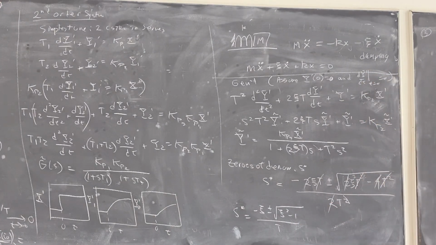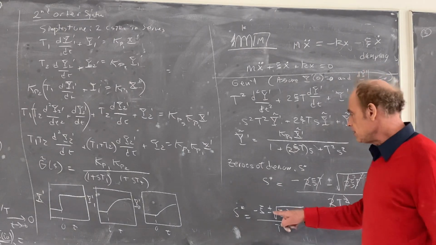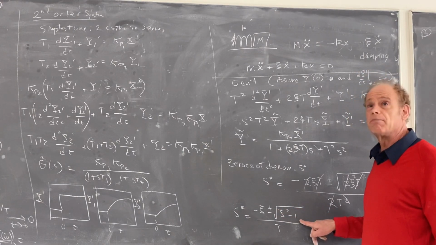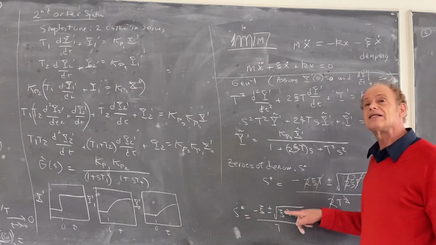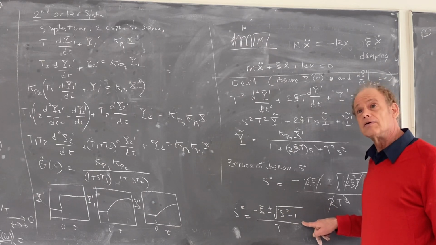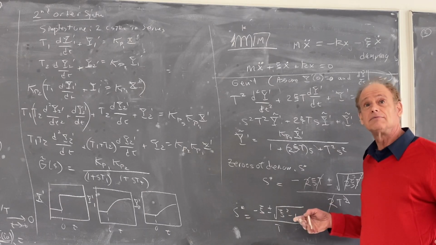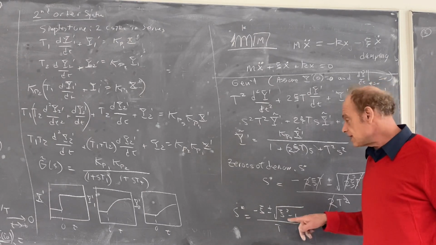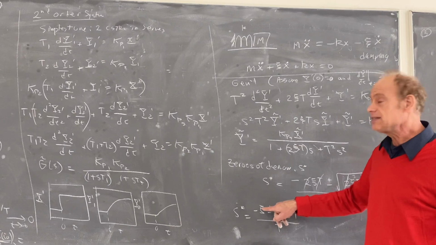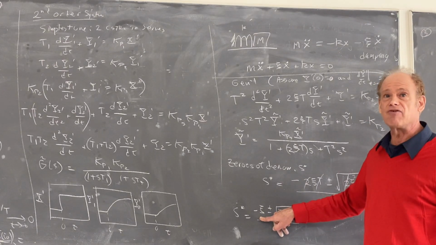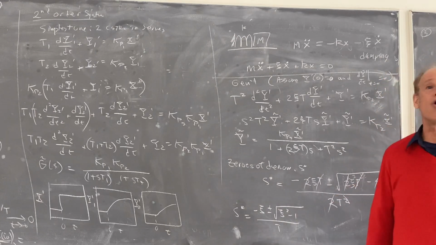So the first thing we can notice here is, here I have c squared minus 1. That's less than c squared. So the square root of c squared minus 1 is less than c. Agreed? So that says, even when I add it to minus c, I can never get something positive real. So this thing, the real part is always negative.